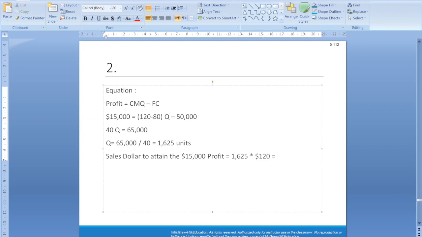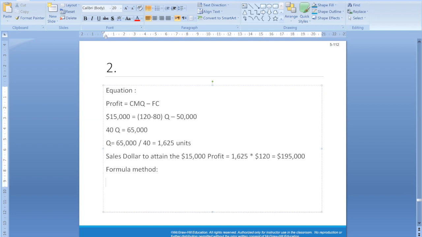This equals $195,000. That's why I prefer the formula method. Maybe we will forget the last step for the solution here. With the formula, there is no need to add a step.